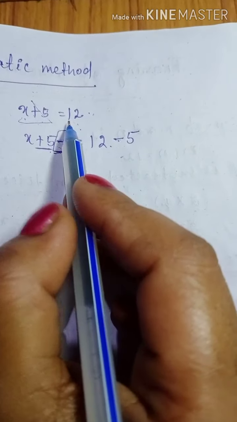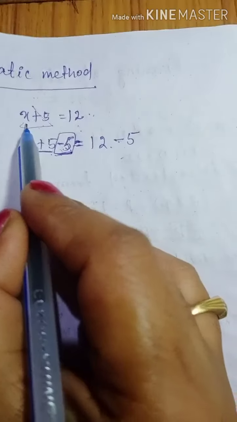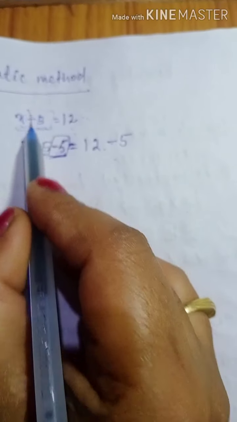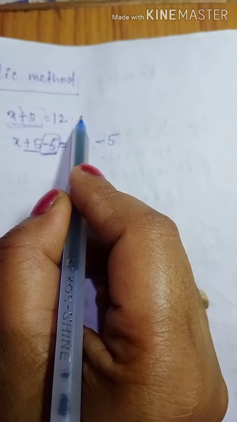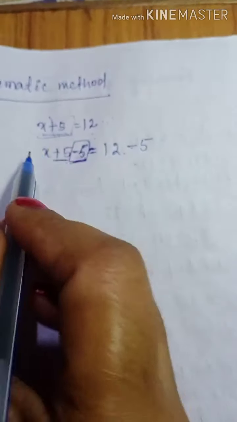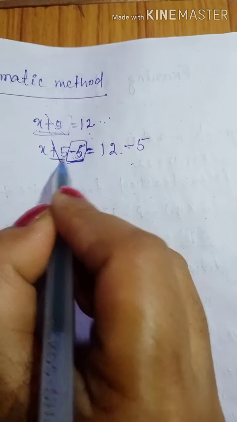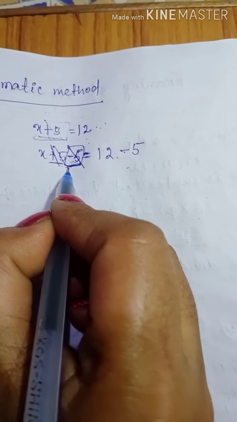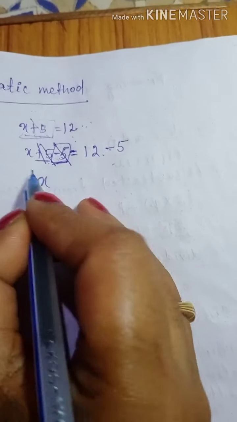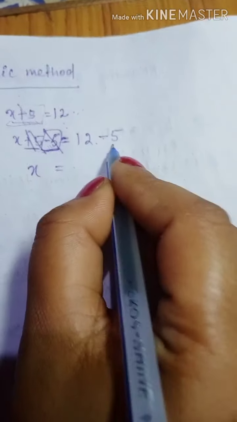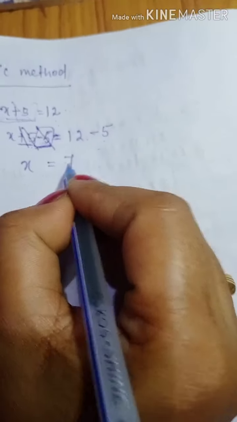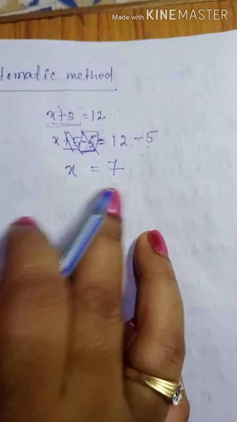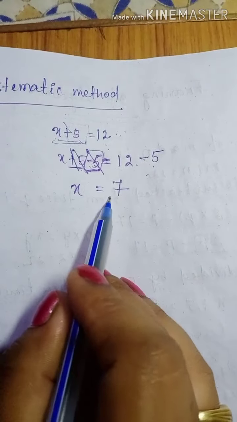To keep balance, whatever we do on the left hand side, we should do the same on the other side also. Then plus 5 minus 5 cancel each other. Now what remains here is x. 12 minus 5, what do I get here? 12 minus 5 means 7. Can you understand the value of x I am getting here? 7.